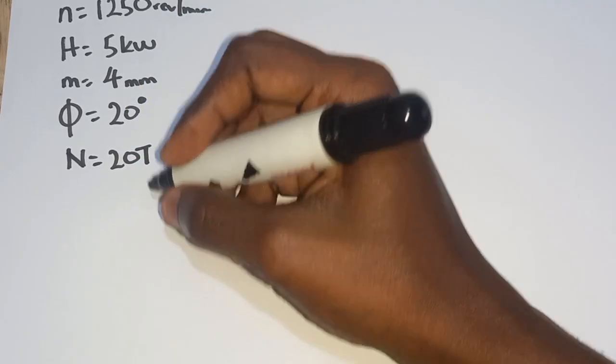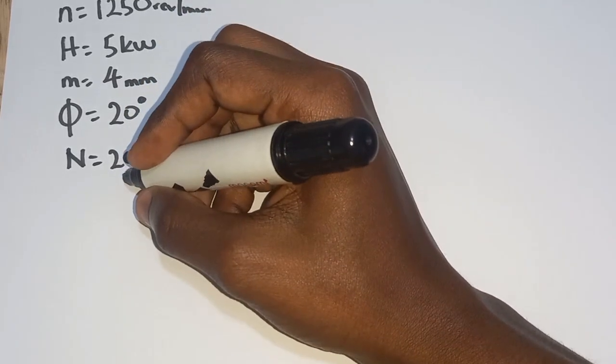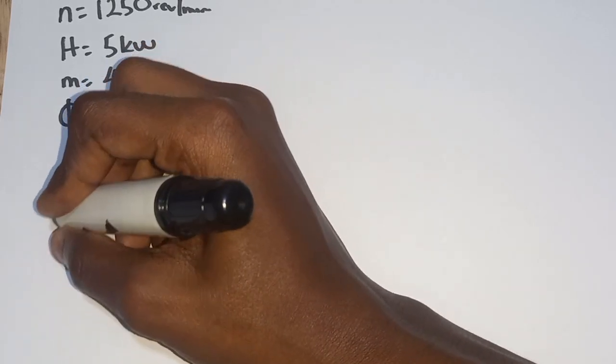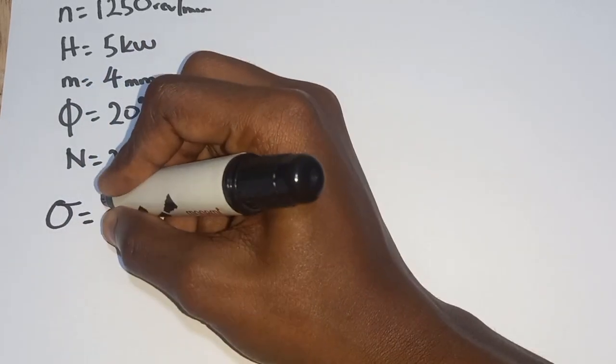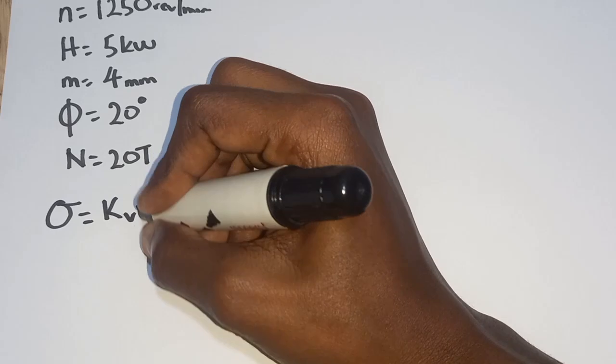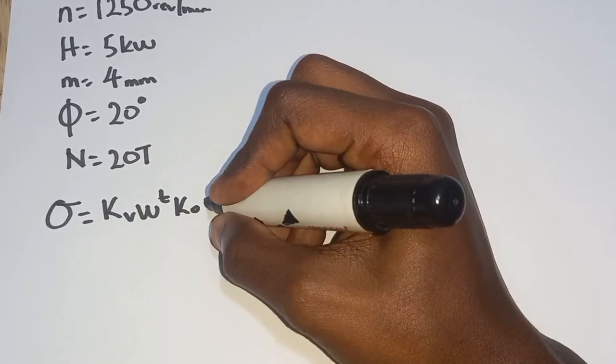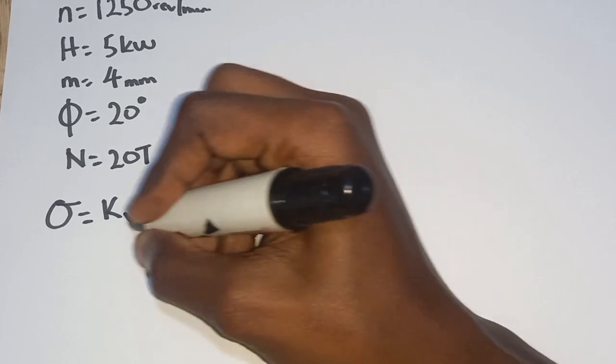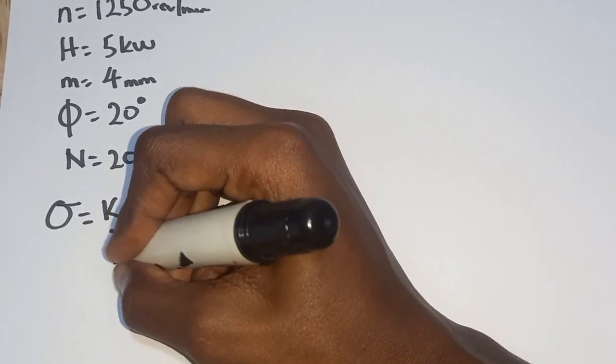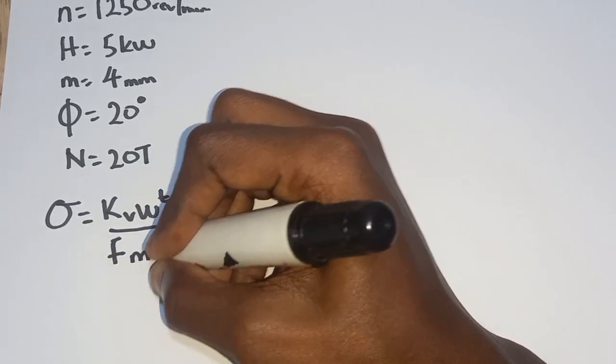Are you getting it? So to solve for the Lewis bending stress, we then write our formula down. KV times WT times KO, the mounting factor, divided by the face width, the module, and the geometric factor.